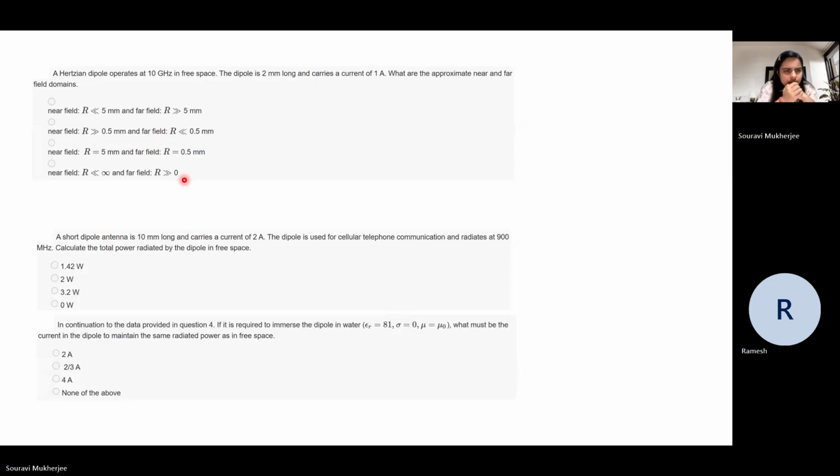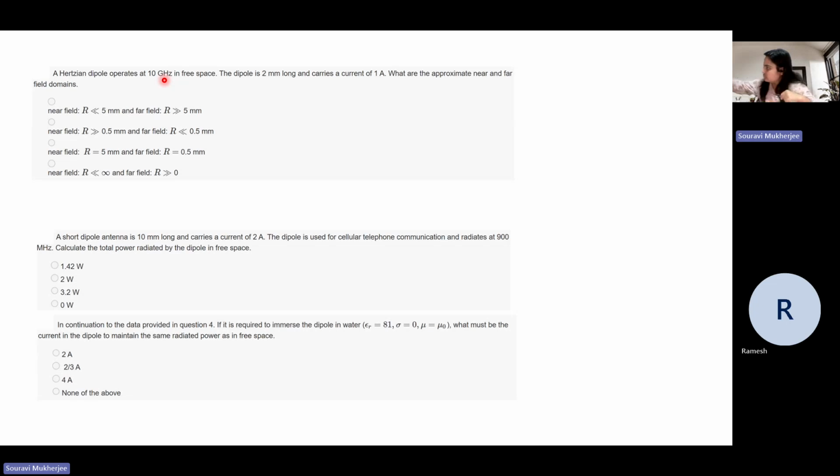1 second. So from here it's gigahertz, you've taken that into account, right? Yeah, 3 into 10 power 8 by 10 power 10. Ah, yes, so it is 0.3 meter, 0.3 mm only.